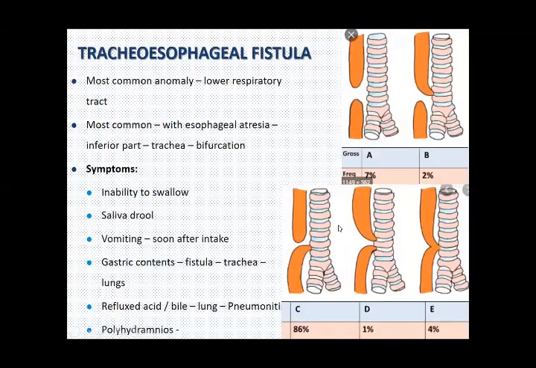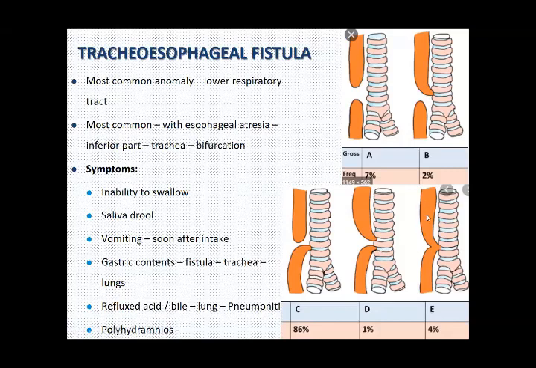Sorry, we have already discussed this type. Now look at this one, where the esophagus is also communicating. The upper end of the esophagus communicates with the trachea. The lower end of the esophagus communicates with the trachea. These are different openings, different communications, different TE fistulas. This is the upper TE fistula. This is the lower TE fistula.